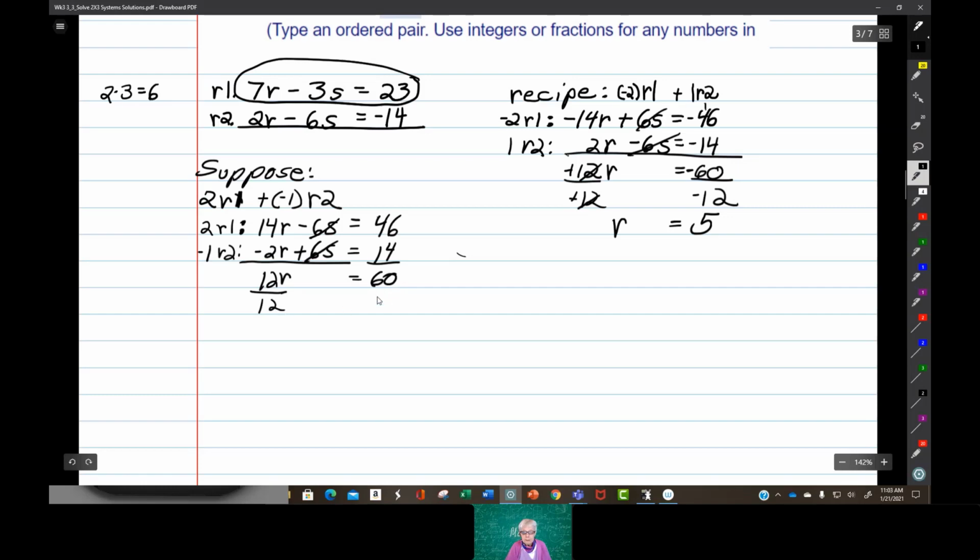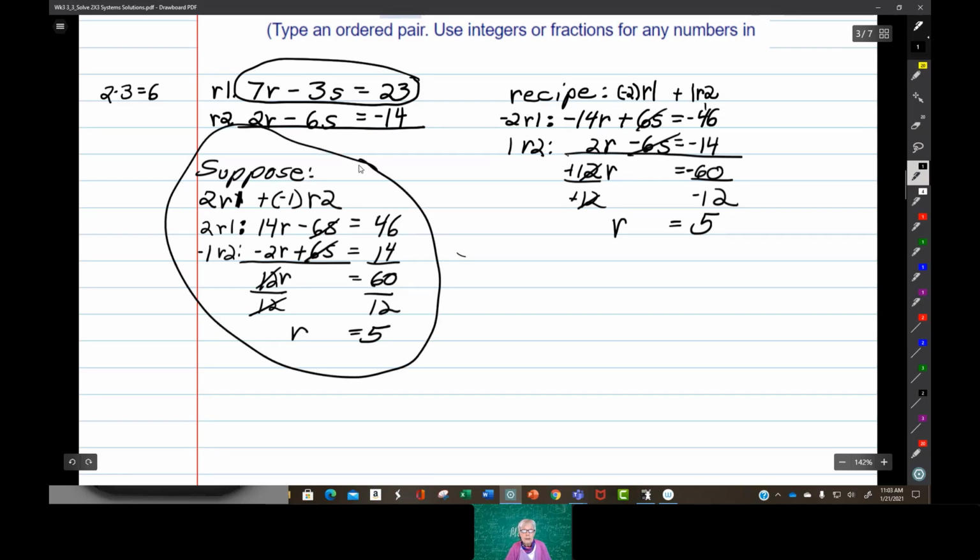Divide by 12, divide by 12, and you get R equals 5. And it looks to me like this would have been easier to deal with. So this actually would have been the better way, but you get the same answer with both methods.